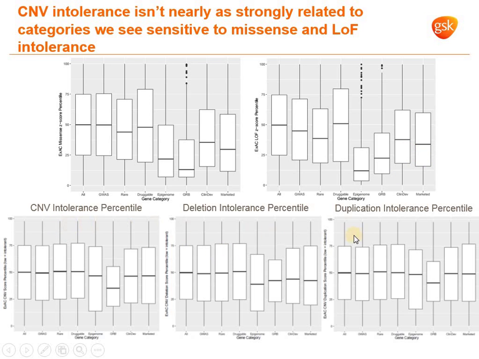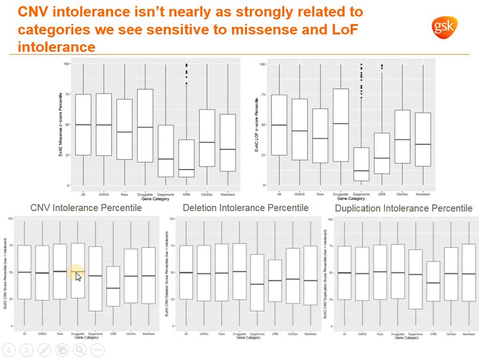Down below, we've got the 3 plots for the 3 different types of intolerance scores that are provided: an overall intolerance score, an intolerance to deletion score, and an intolerance to duplication score. And really, we don't see really strong patterns for any of these. We don't really see any enrichment of intolerant genes amongst genes that have GWAS or rare disease associations.